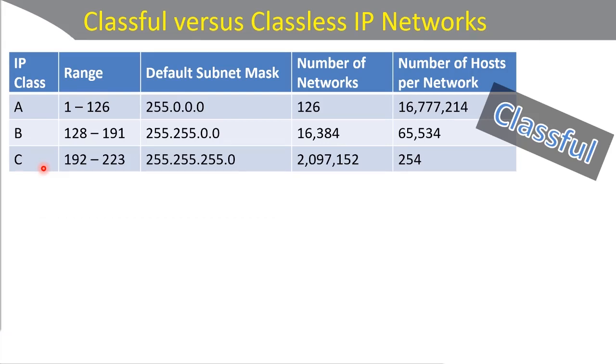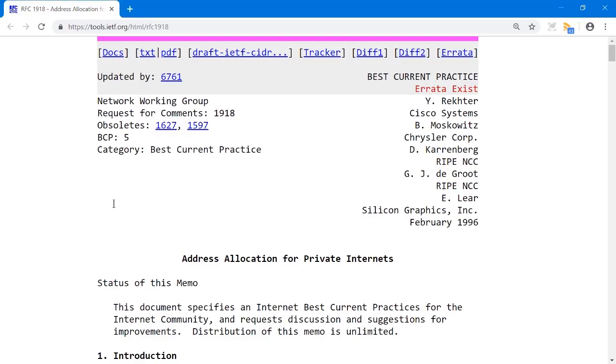Now, there is an RFC, a request for comments, that was written by the IETF, and we'll bring this up here. This is RFC 1918, and this talks about address allocation for private networks, private internets they call it.